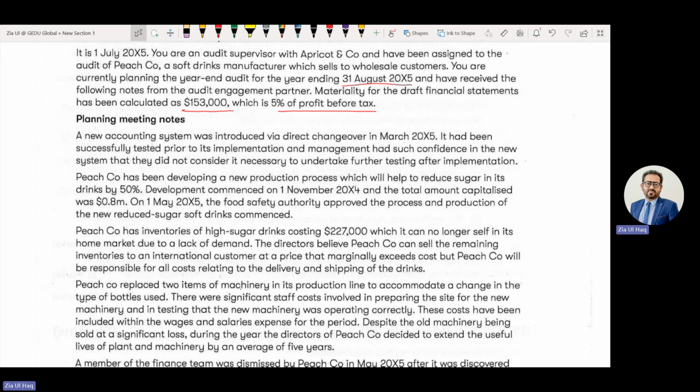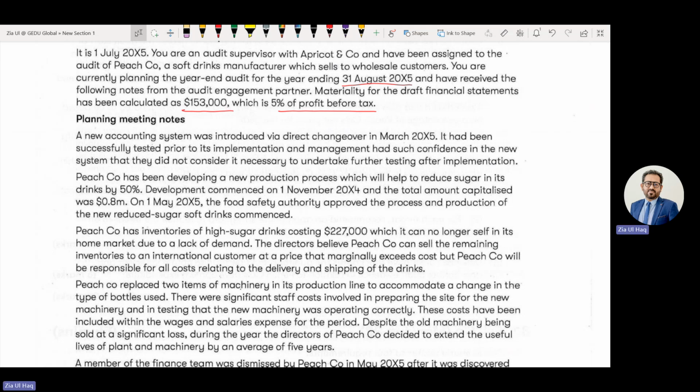If a company has introduced a new accounting system, there could be chances of early stage bugs, errors, which could result in misstatement in the financial statements, but they have tested properly. Before implementation, they have tested. This means those bugs, errors, they have removed.